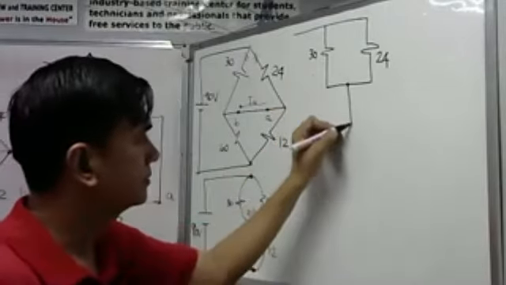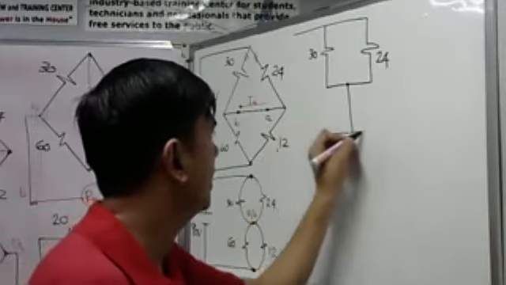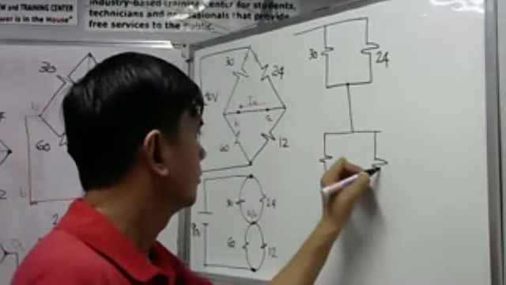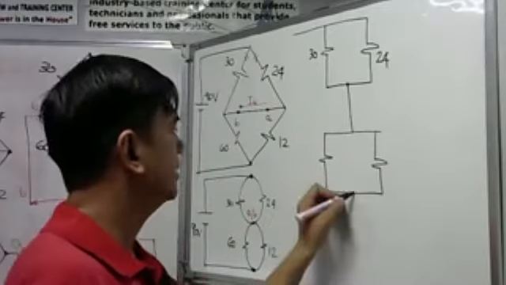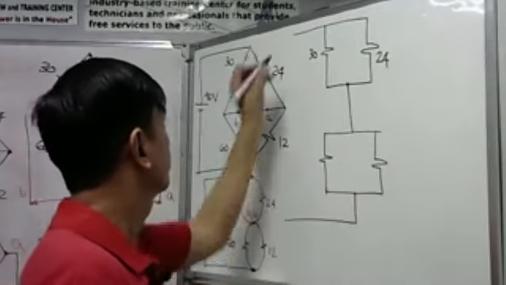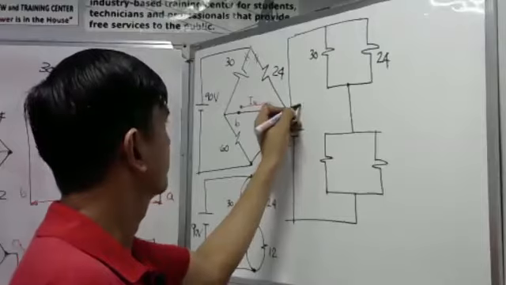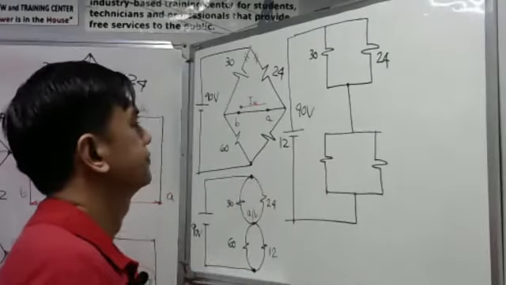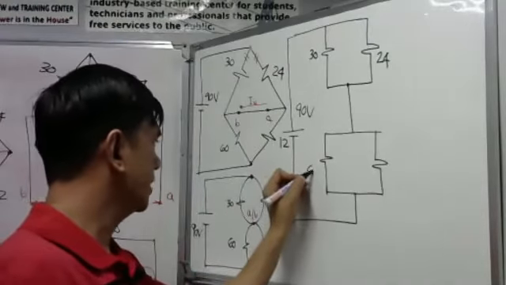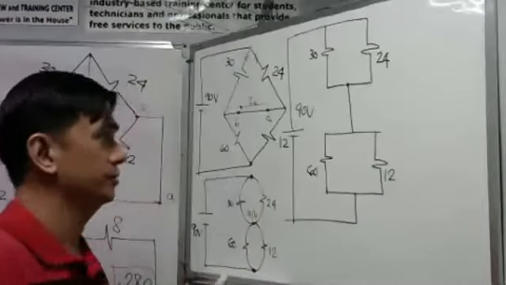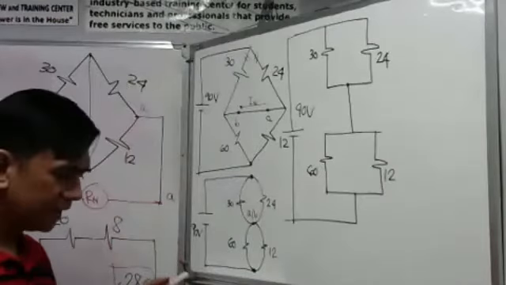There is a conductor here, and then we have this one. Then our 90 volt source here. This is our 60, then this is our 12. What will happen now? Take a look here.